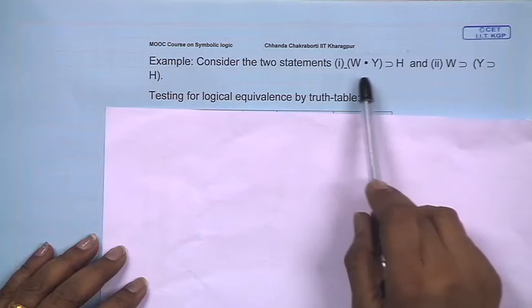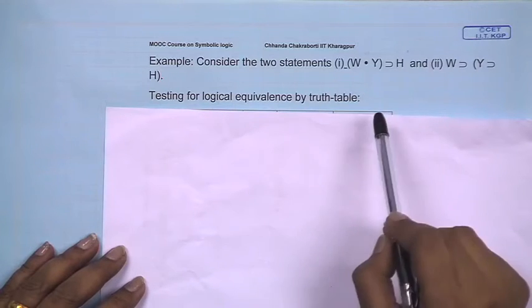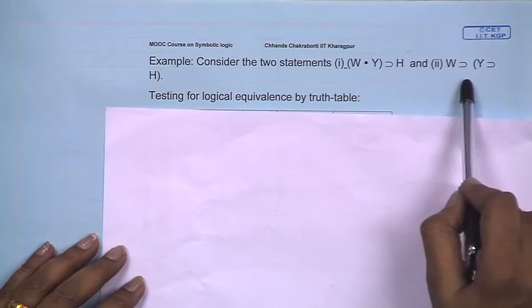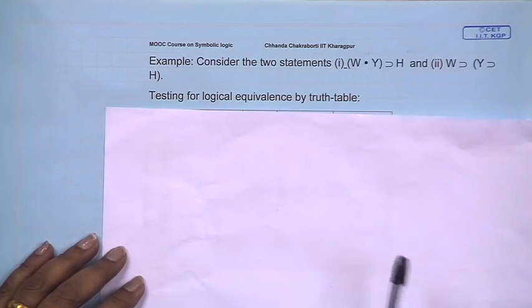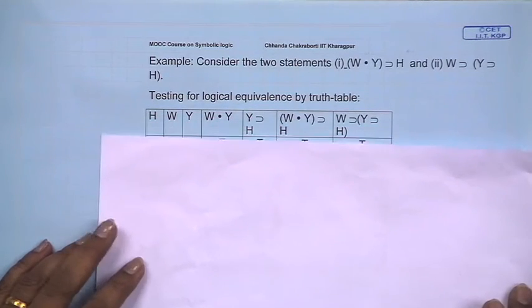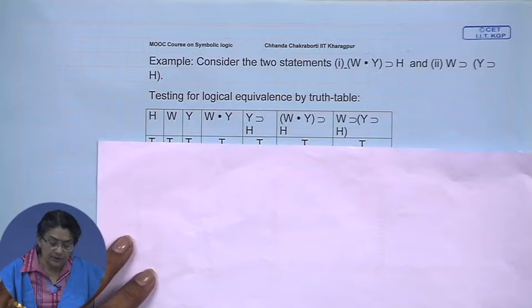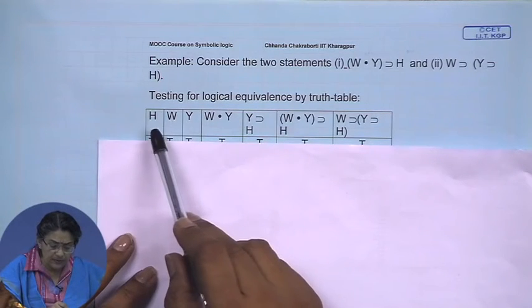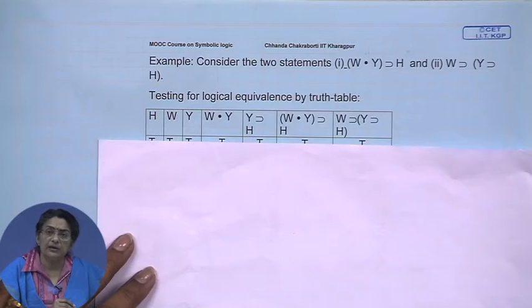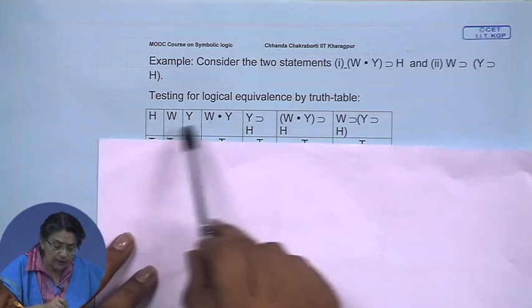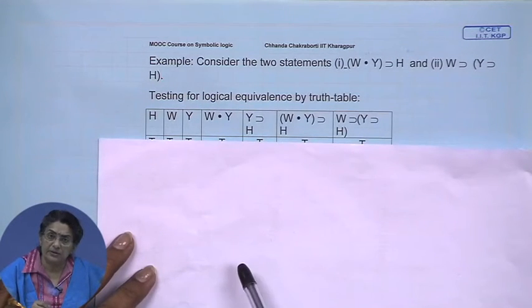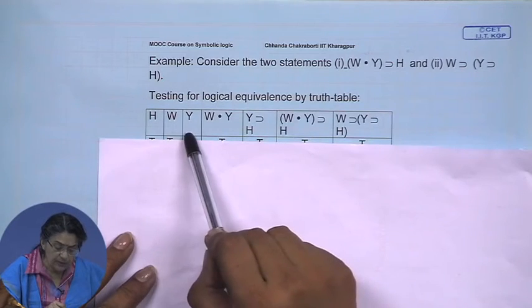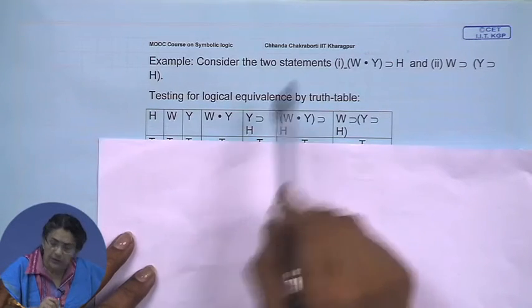We have W dot Y horseshoe H as one of the statements and W horseshoe Y horseshoe H as another statement. So, the heading of your truth table is going to look like this. See, these are your reference columns. Please note they are alphabetically arranged, not by the order of their appearance, but alphabetically. So, H, W, Y, and then we are doing the regular truth table.